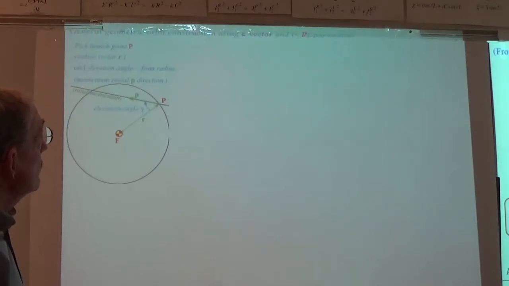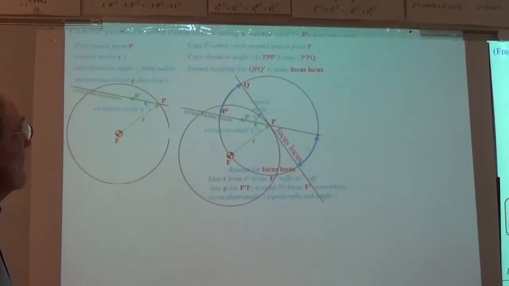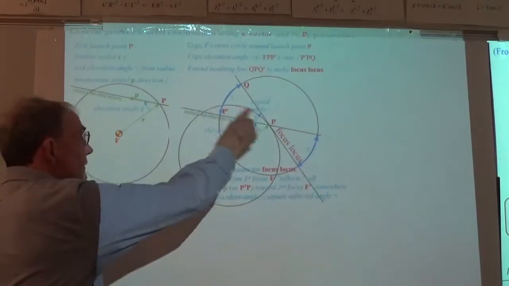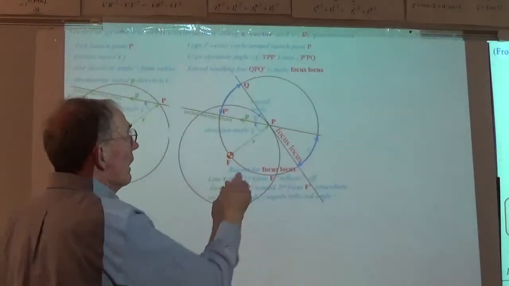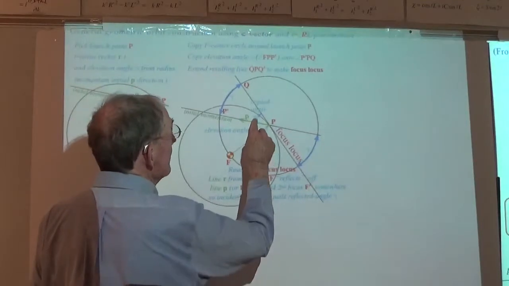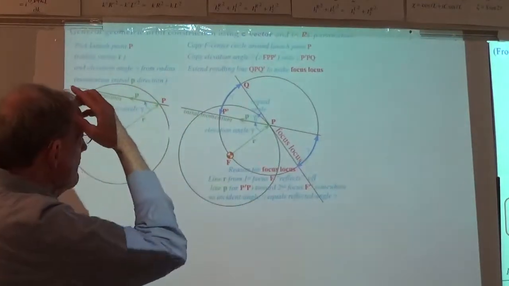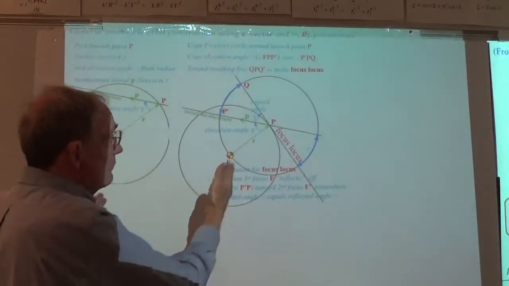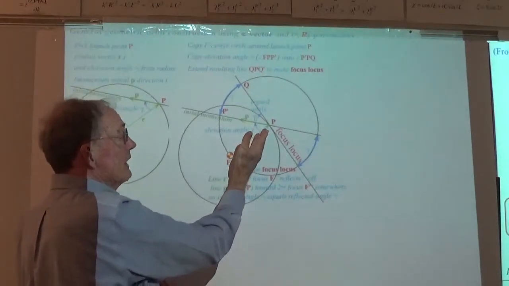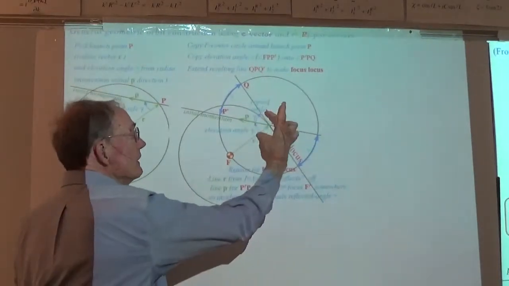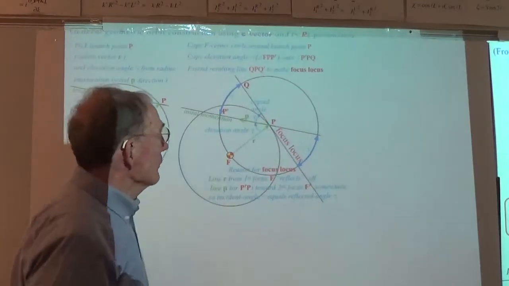So here's what you start with, okay? And then you draw a circle, just like the main one, around that, and copy the angle, gamma. Kind of like what we did with the Rutherford scattering. This is a half of an angle we're interested in, this gamma.